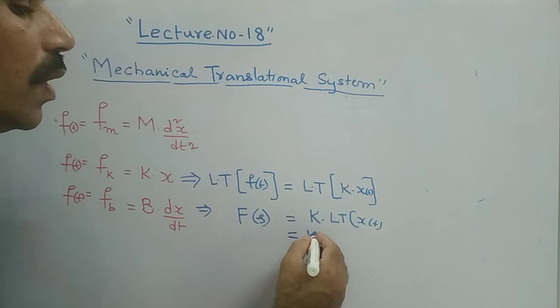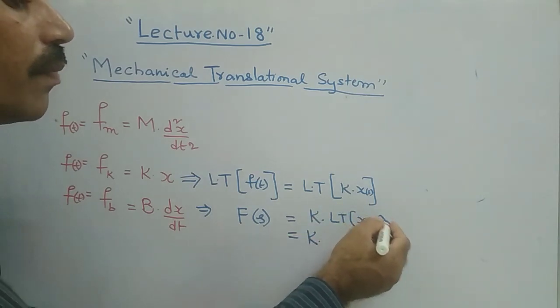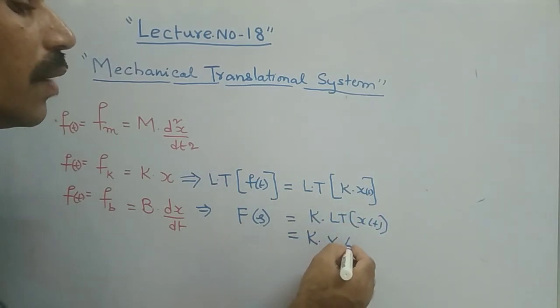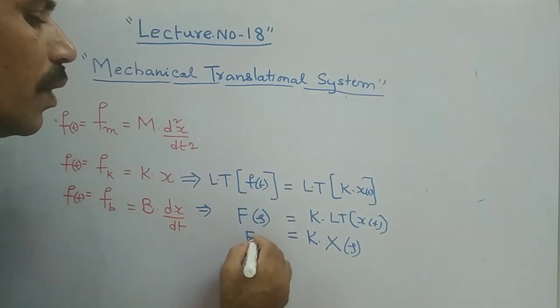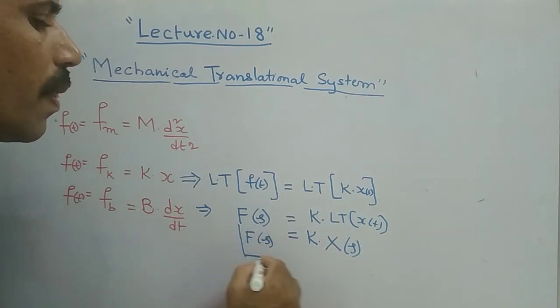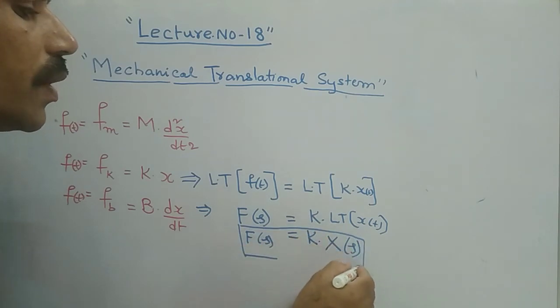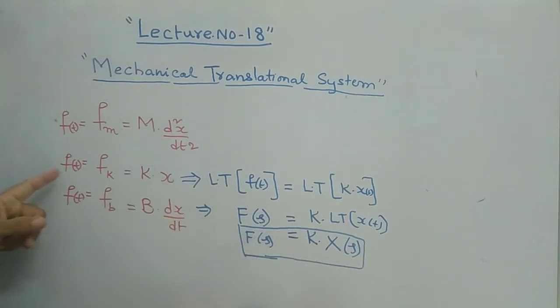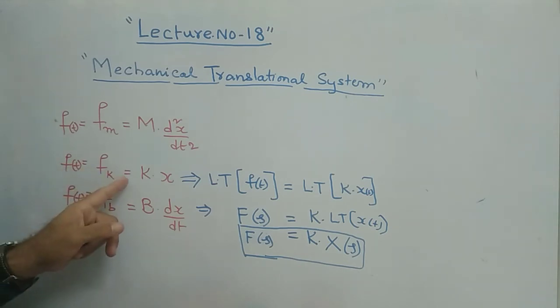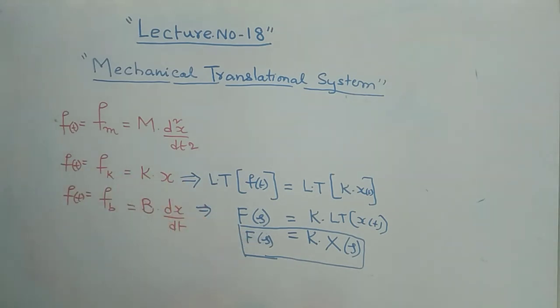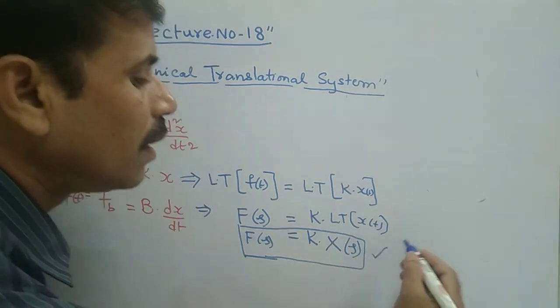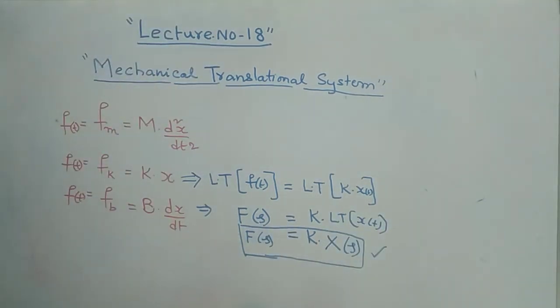This is equal to k into L of t of x of t. What it will be? Capital X of s. Therefore, your f of s is equal to k into x of s. So after application of the Laplace transformation for the second force balance equation for the spring constant, this becomes capital F of s equal to k into x of s. Clear? This is the second equation after application of the Laplace transformation.